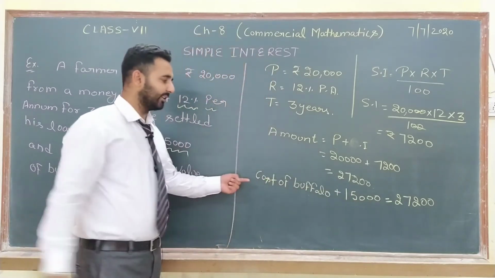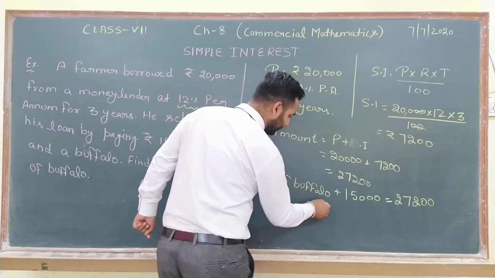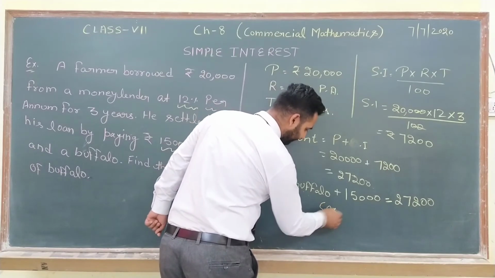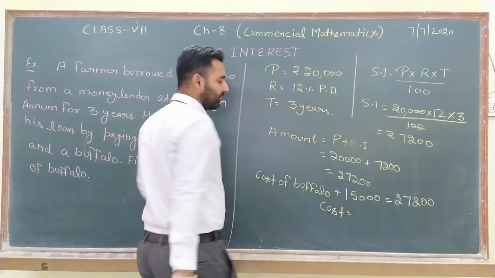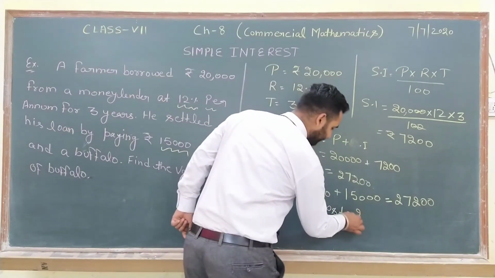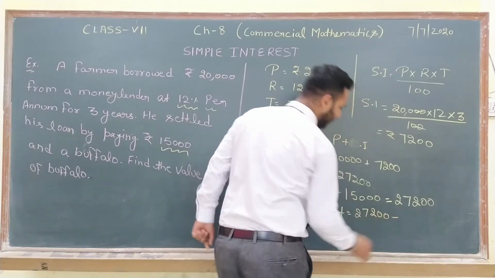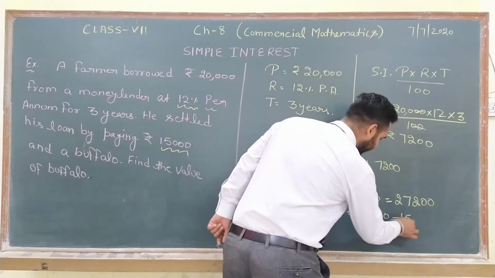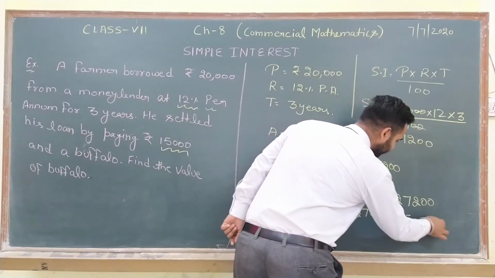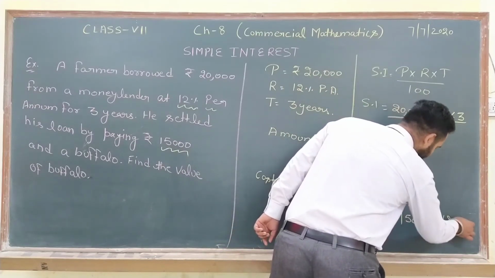So from here we can calculate the cost of buffalo. Cost of buffalo will be 27,200 minus 15,000, because this 15,000 is in plus, so on that side it goes to minus. So you will get 12,200.